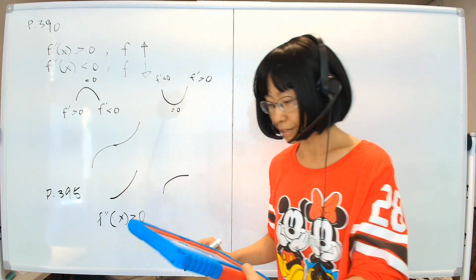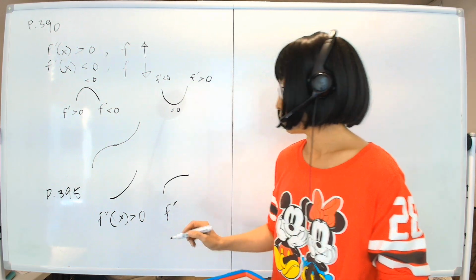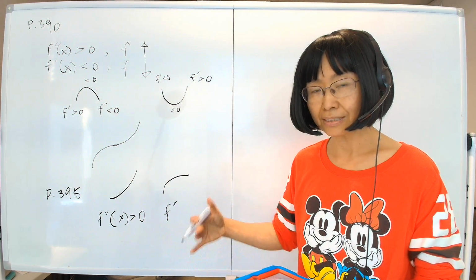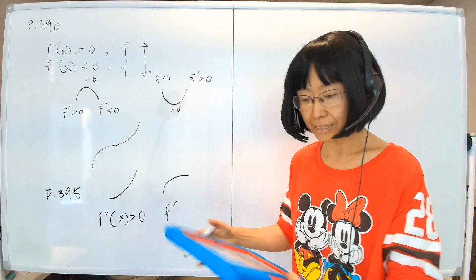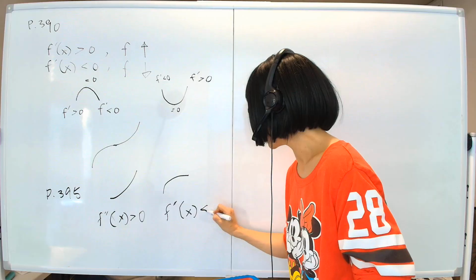And in this situation, it is less than 0, because while your function is increasing, the rate of increase is slowing down. So the second derivative is less than 0 for this situation.